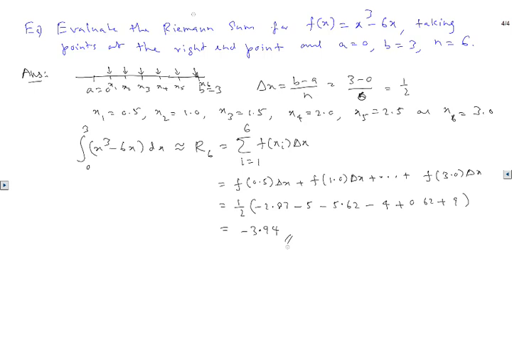There's another way to find the actual value. You find the value at 3 first and subtract the value at 0.